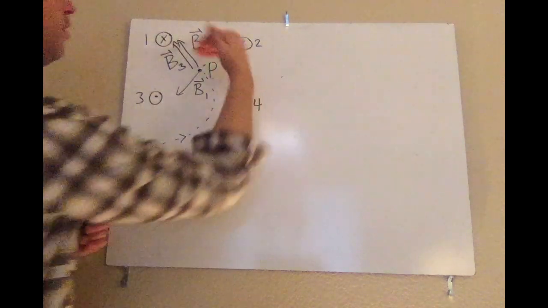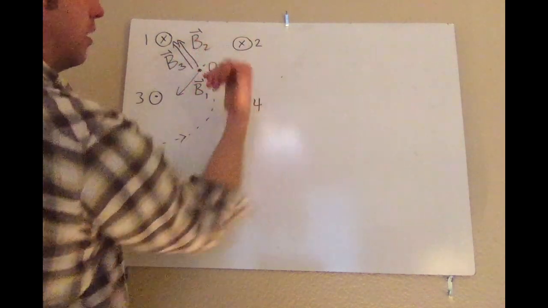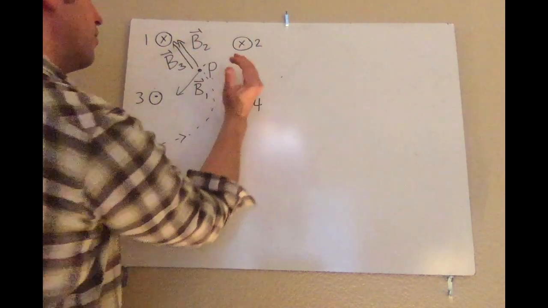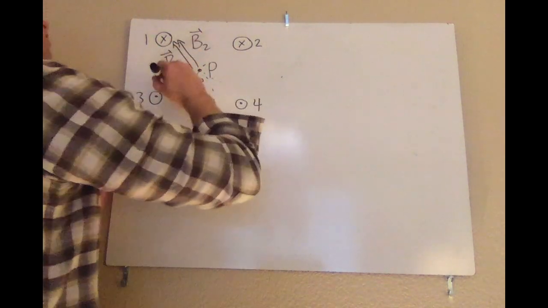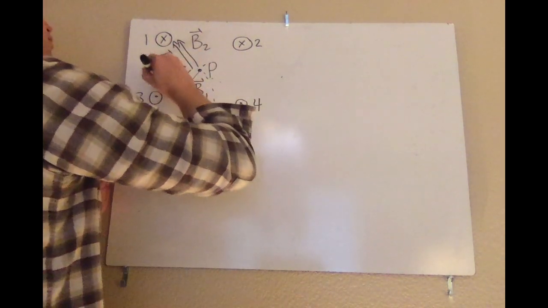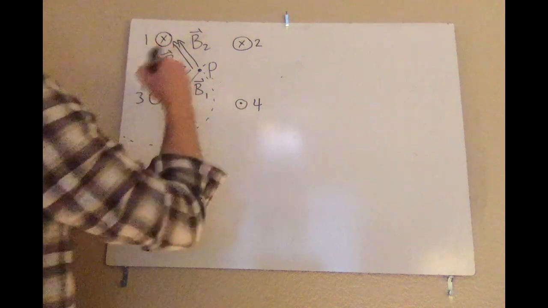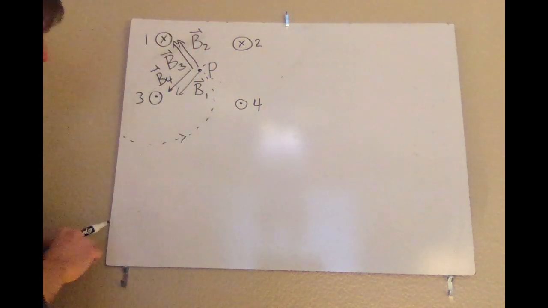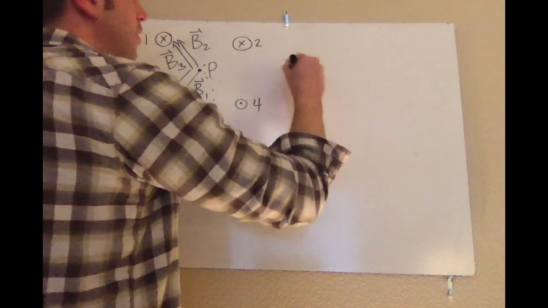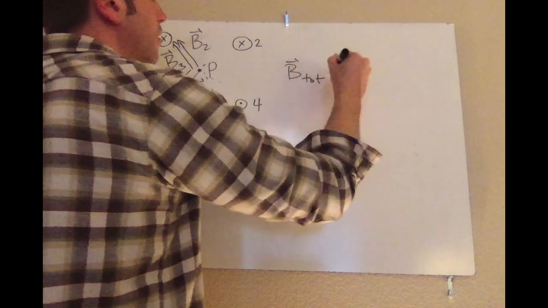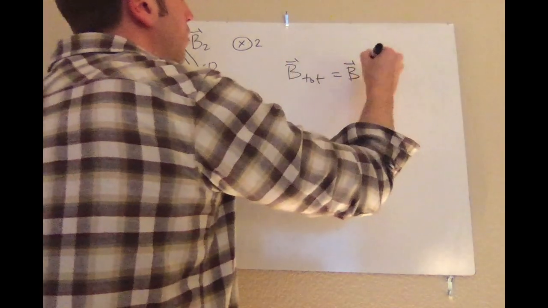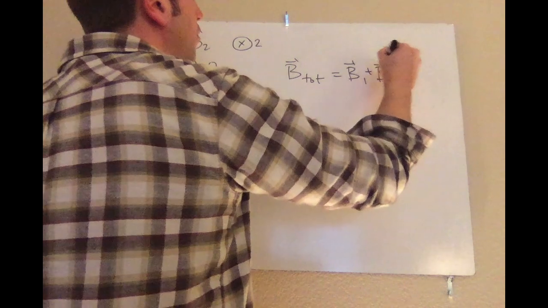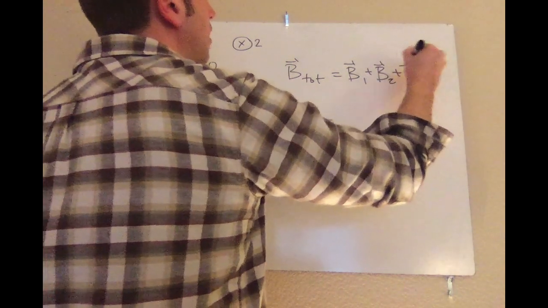And then finally, for wire number 4, again, thumb is out of the page in the direction of current. We curl in the direction of the B field. B4 is pointing down and to the left like this. So the total B field at this point is just the sum of B1, B2, B3, and B4.